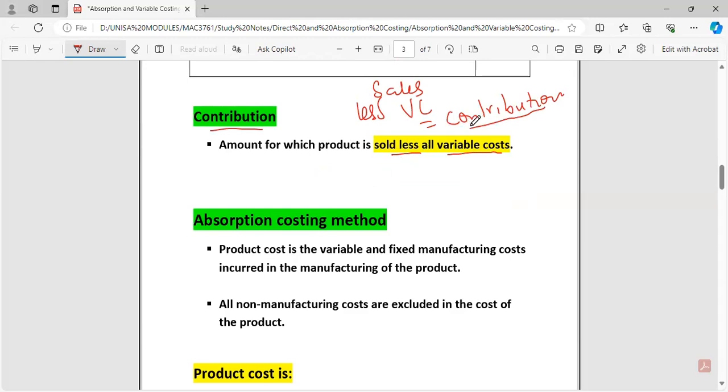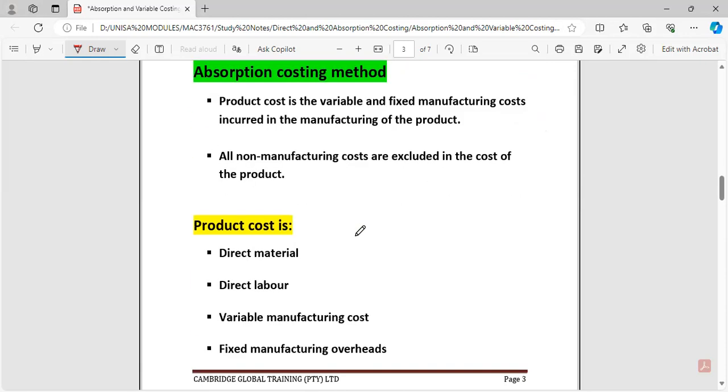So when a question requires you to calculate the contribution of the product, just know that you are going to focus on variable cost. Let's look at the absorption costing now.